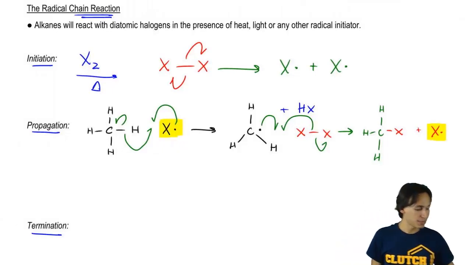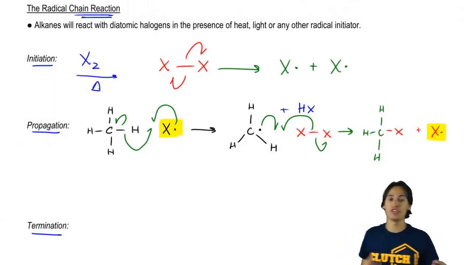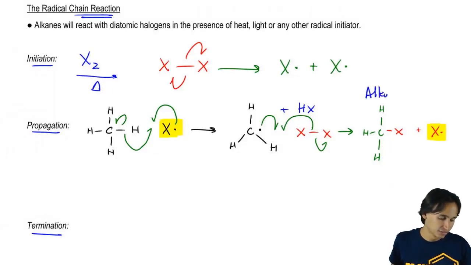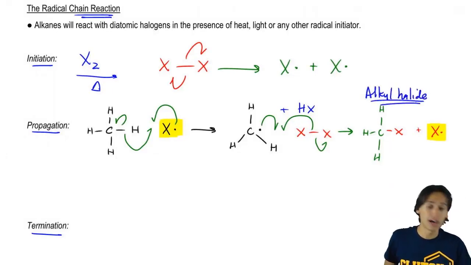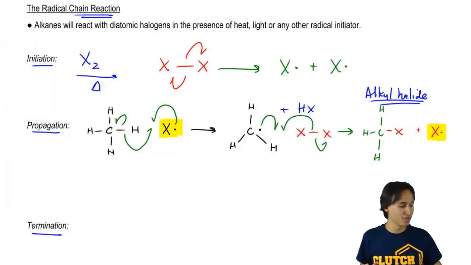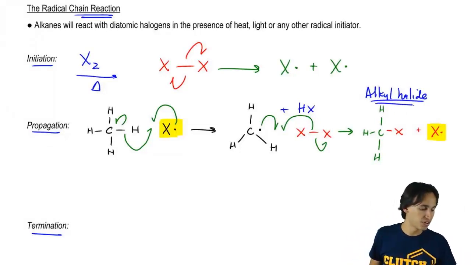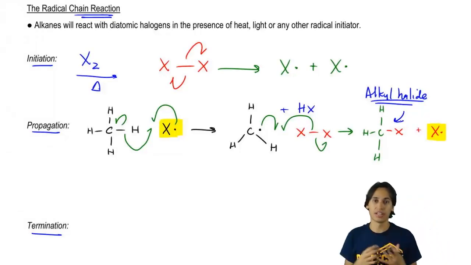Okay? Notice that my propagation step just created a very useful byproduct, which is that it made an alkyl halide. Okay? Which, like I said, alkyl halides do a whole lot more stuff than alkanes do. So this is a very useful reaction for me as an organic chemist.